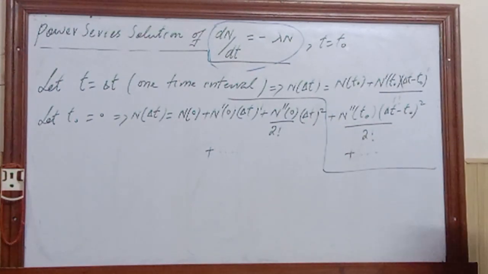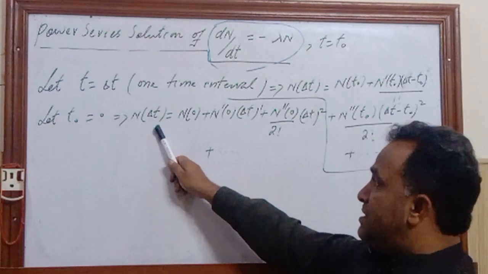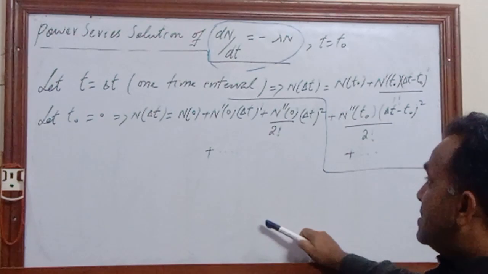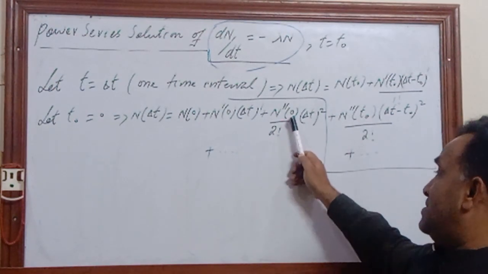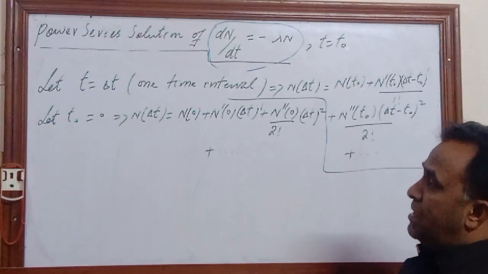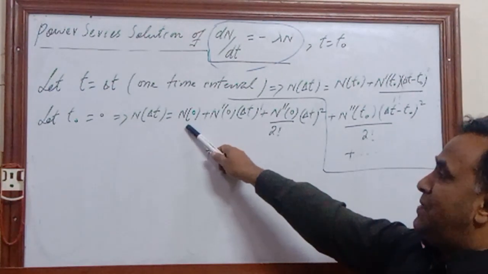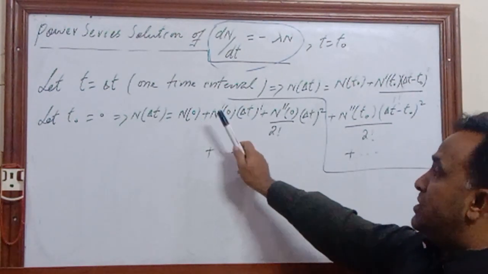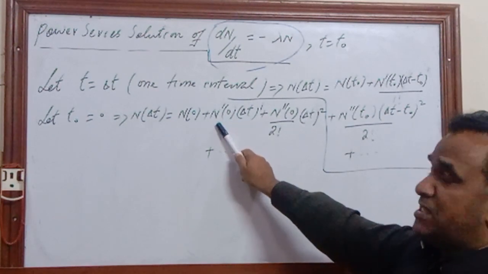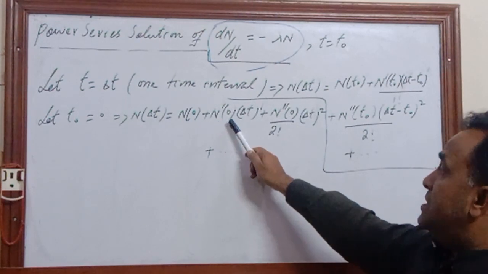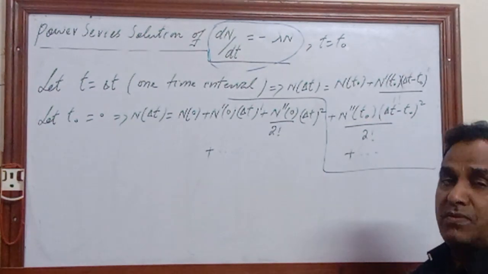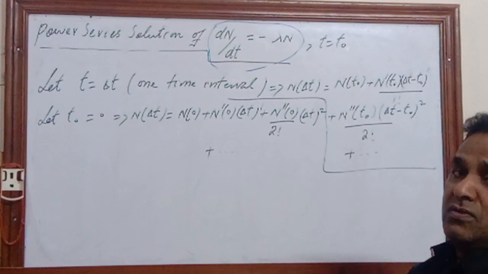So here the Taylor series solution becomes: N of delta t is equal to N of 0 plus N dash of 0 delta t to the power 1 plus N double dash at t equal to 0 over 2 factorial delta t square plus so on. Keep in mind here N of 0 is the value of the number of nuclei at time t equal to 0, N dash of 0 is the value of dN/dt at t equal to 0, and N double dash of 0 is the value of the second order derivative of capital N at t equal to 0.